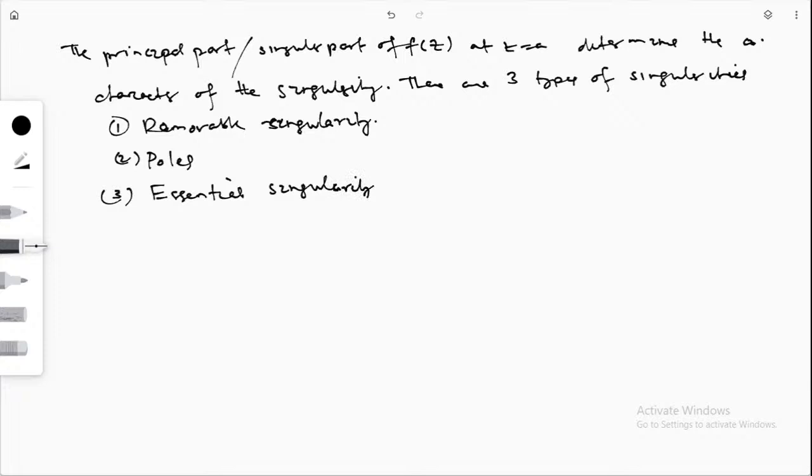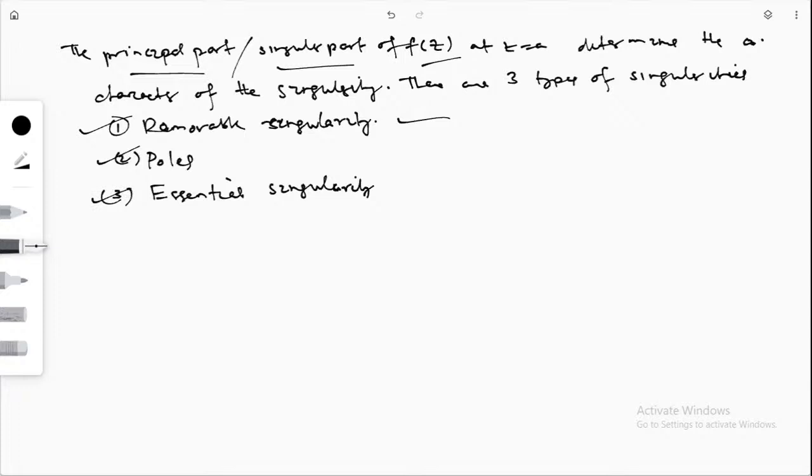So by seeing this principal part or singular part from the Laurent series expansion, there are three types of singularity. Okay.